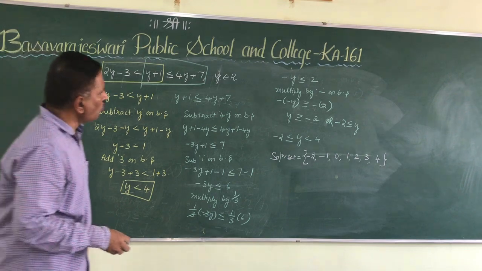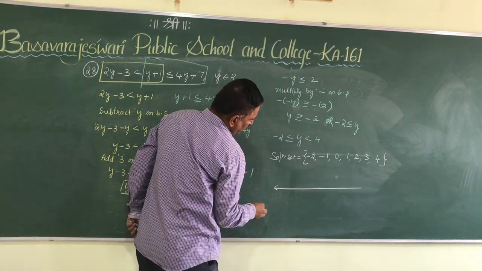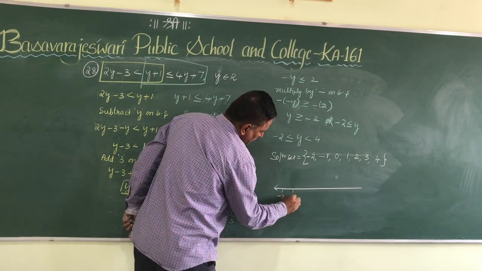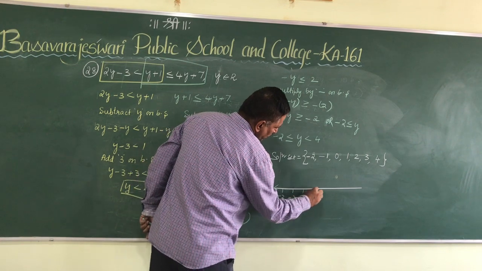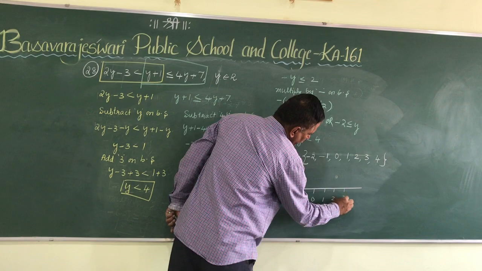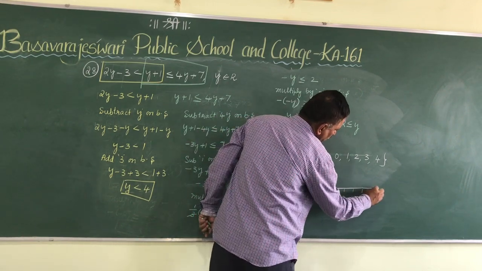For this, you have to draw the number line. If you want, you can start with minus 3, minus 2, minus 1, 0, 1, 2, 3, 4, 5.